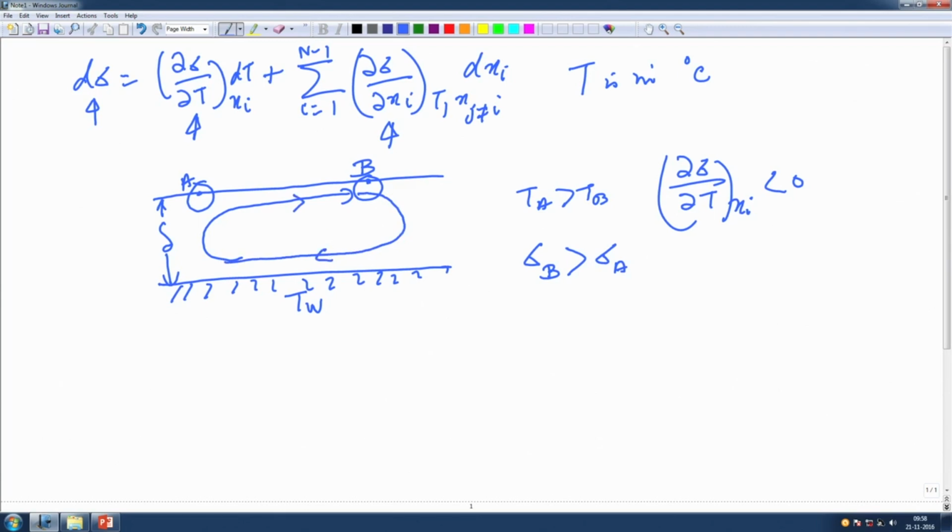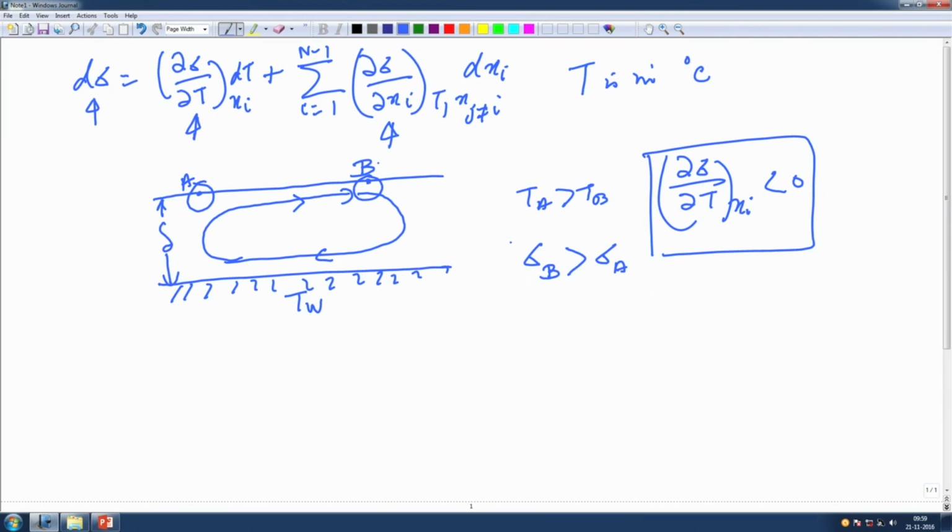So understood. Because this gradient is negative, it implies the surface tension normally decreases with increase in temperature. So since B is at a lower temperature than A, therefore its surface tension value is higher than A. So naturally the fluid near the interface is pulled from a low surface tension region towards the region with higher surface tension.